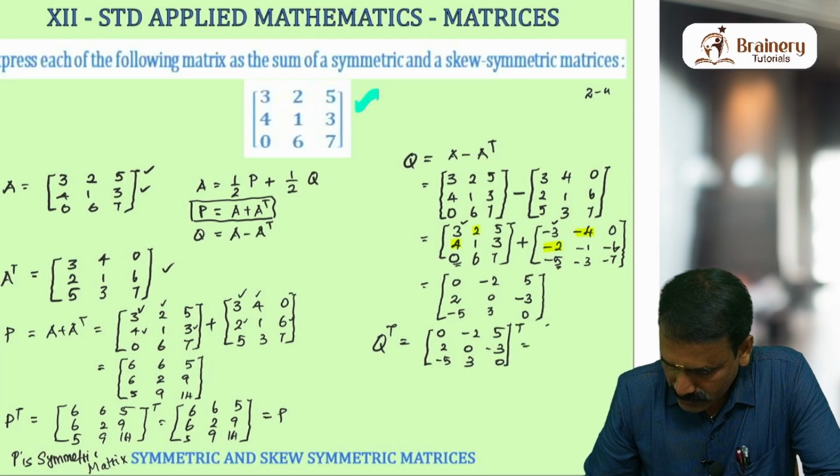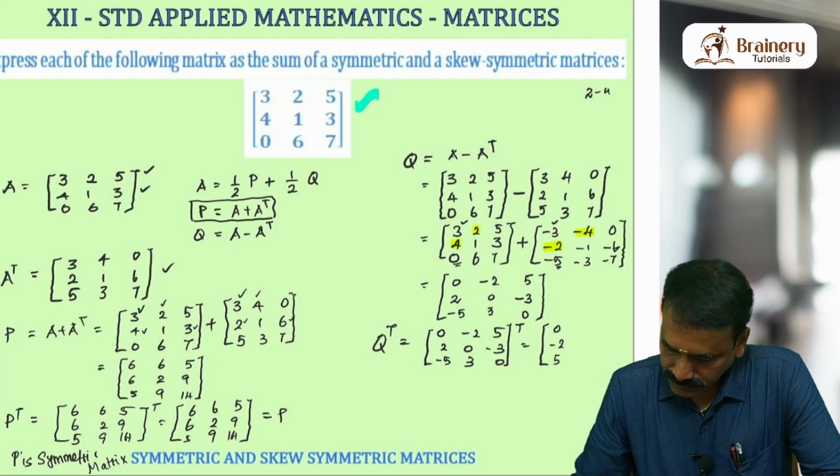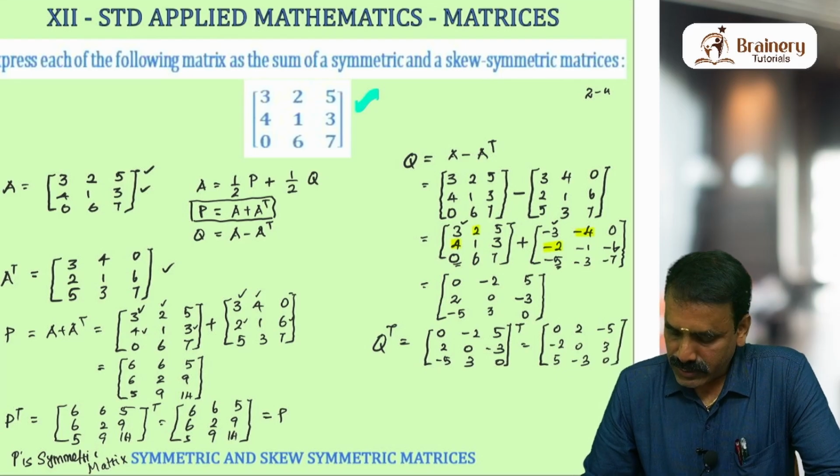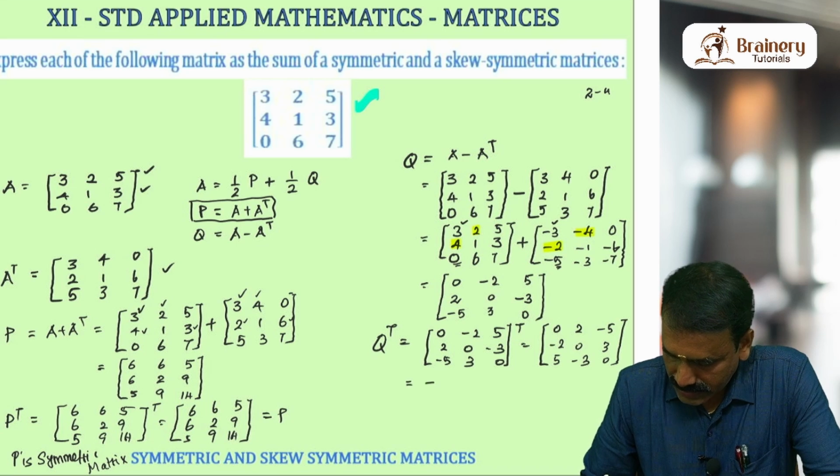Transpose, which is equal to 0 minus 2, 5, 2, 0 minus 3, minus 5, 3, 0. So I have transposed the matrix Q. I take minus outside.